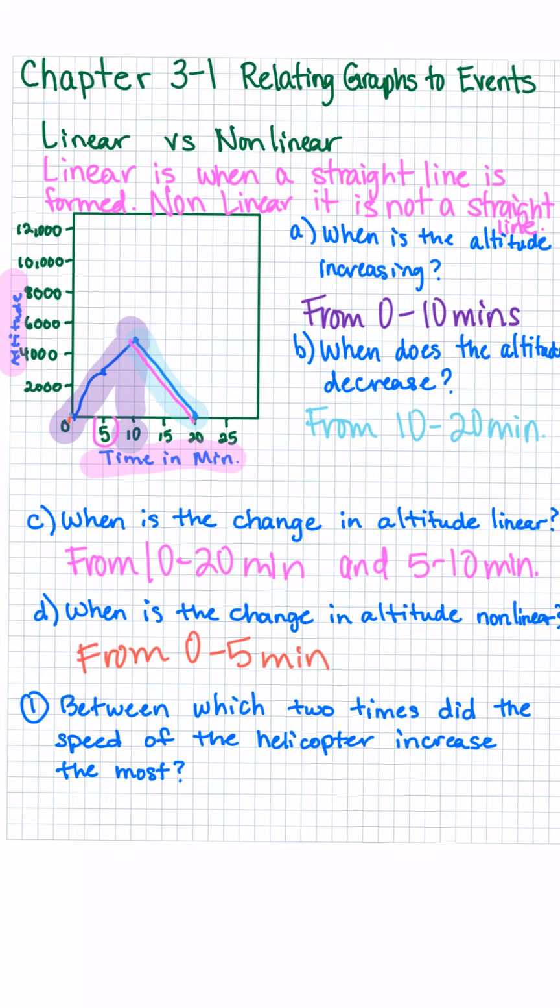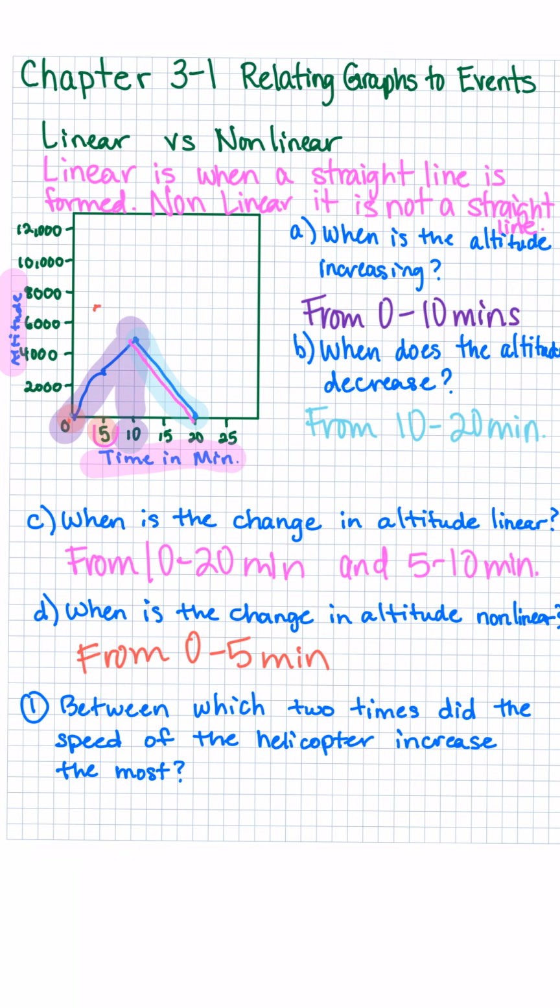Between which two times did the speed of the helicopter increase the most? So if you look on the chart, if we look between 0 to 5, it went up 3,000.